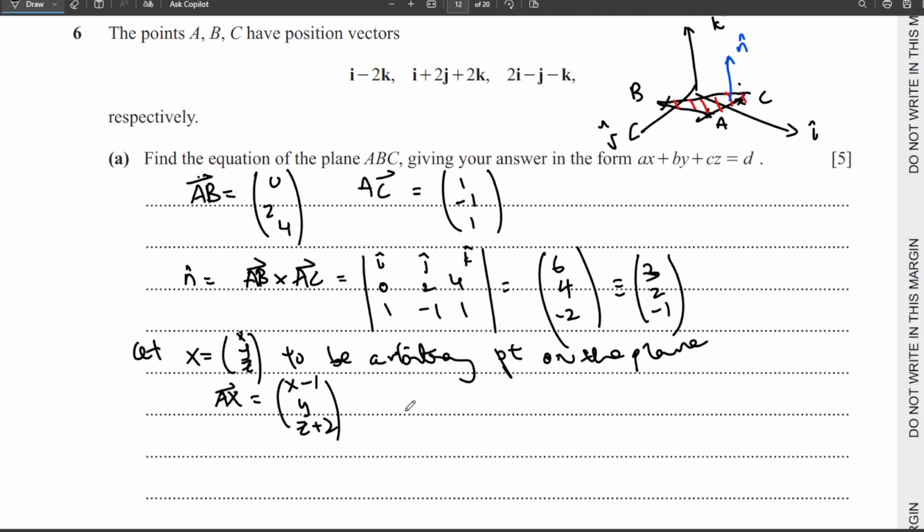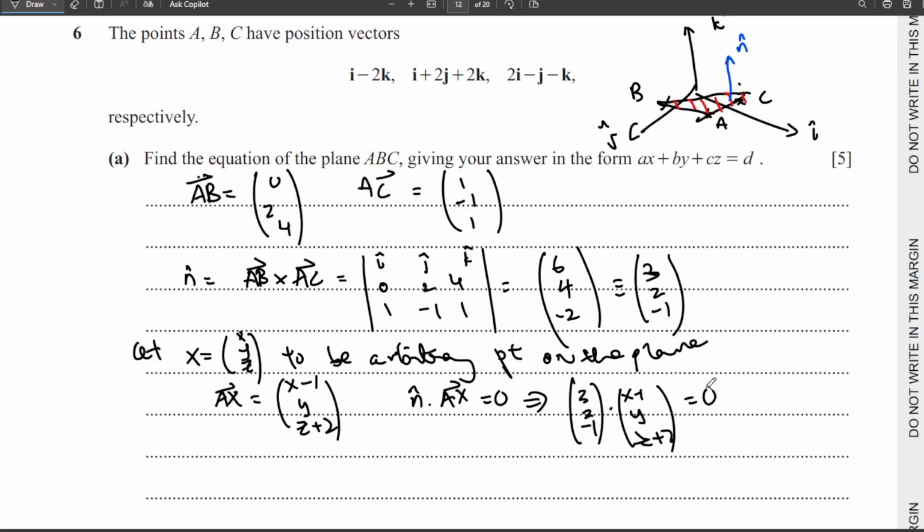Since this lies on the plane, we take the normal vector dot AX, and that equals 0. So the normal vector (3, 2, -1) dot with (x minus 1, y, z plus 2).